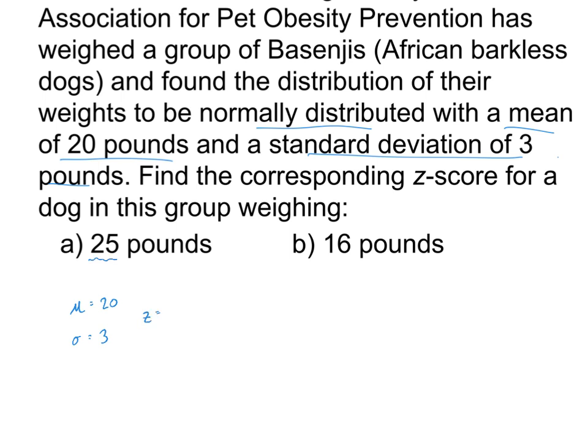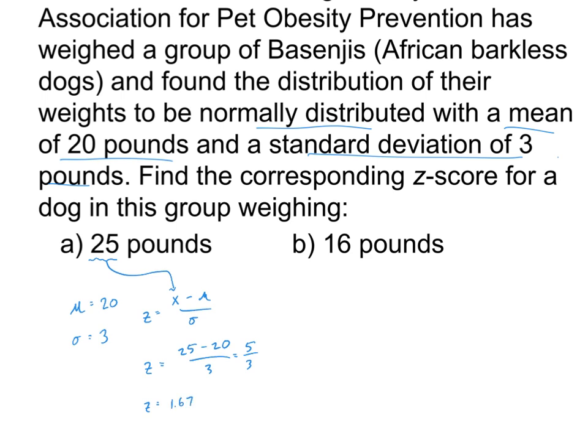So let me rewrite that formula. z equals x, the data point, minus mu, the mean, over sigma, the standard deviation. So substituting in my numbers, 25 minus 20 divided by 3, that's 5 over 3, which is 1.6 repeating.